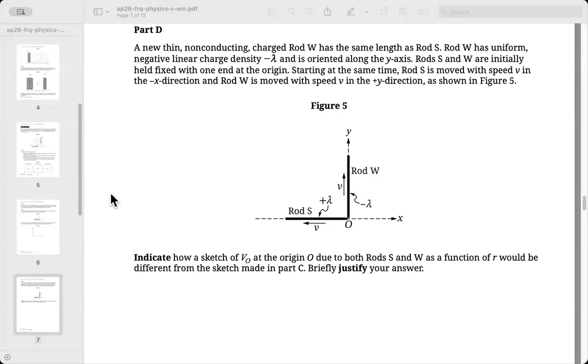So we would say that the value of electric potential, V0, would always be zero. The reason why is because they're both the uniform same charge density, just opposite signs. And they're both equal distance away. So the value of V0 would always be zero.